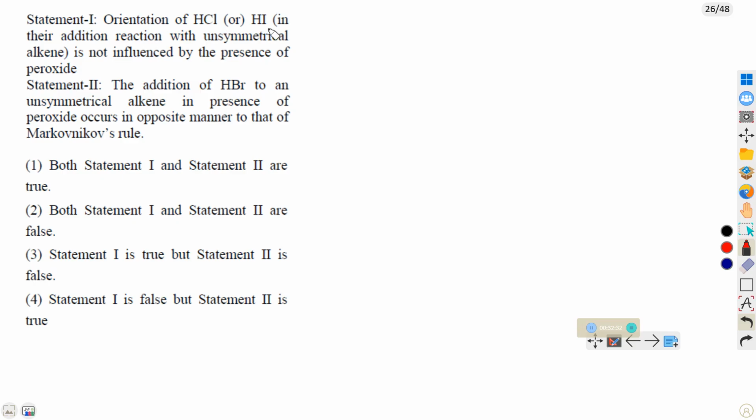Orientation of HCl, HI: their addition reaction with unsymmetrical alkene is not influenced by the presence of peroxide. Yes, only HBr in the presence of peroxide follows the anti-Markovnikov rule.